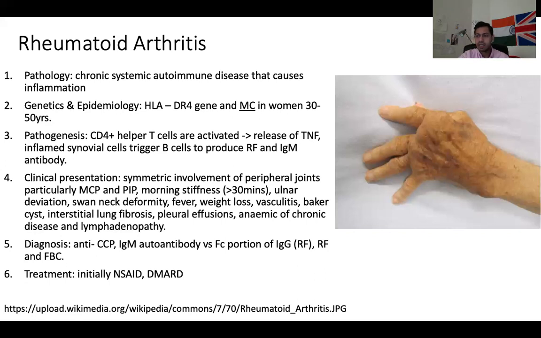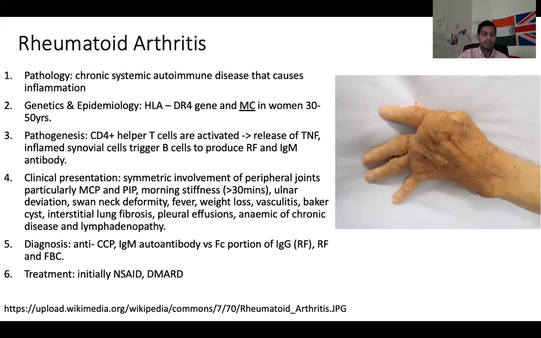They could be reactive arthritis. It could be arthritis linked with inflammatory bowel disease as well, and also ankylosing spondylitis.